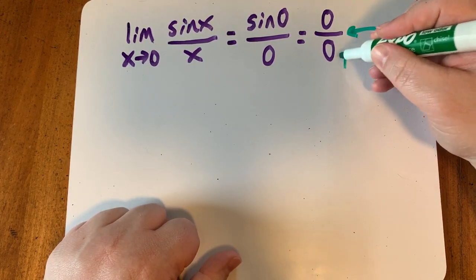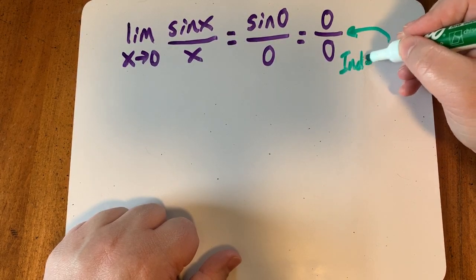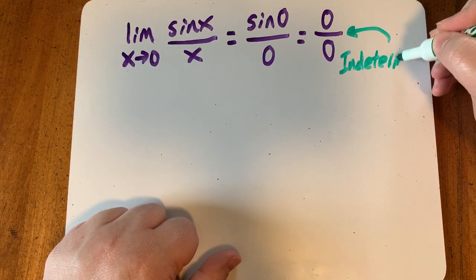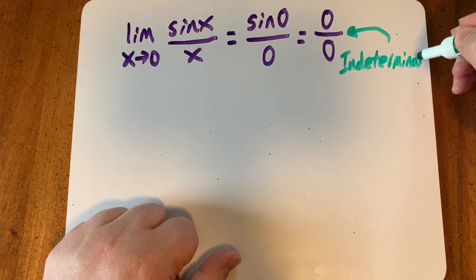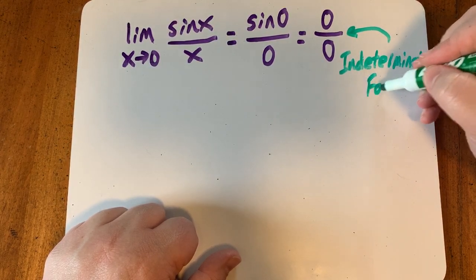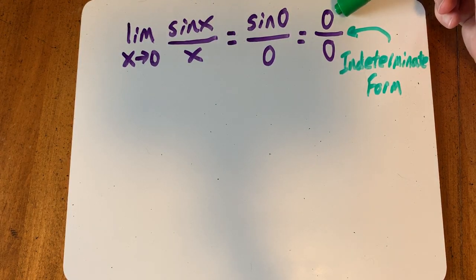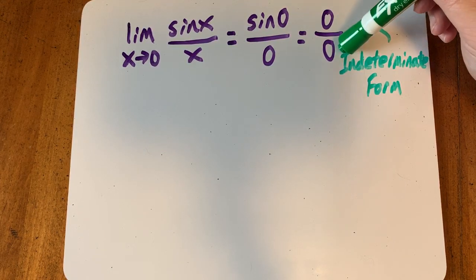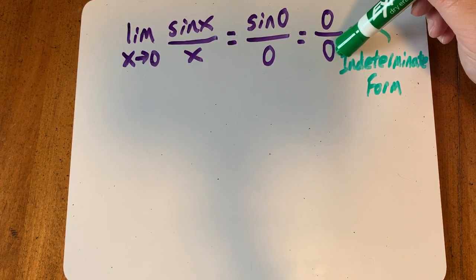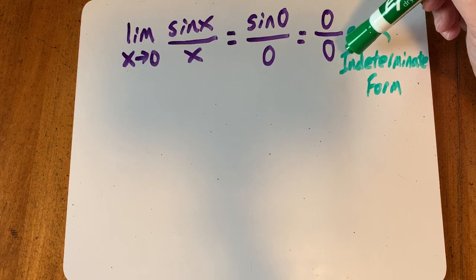This is what's called an indeterminate form. I don't think I left myself enough room. Ooh, barely. This is an indeterminate form. This relationship follows a bunch of rules, but it doesn't work for any of them. If you have 0 divided by anything, it should be 0. But you're dividing by 0, which you can't do. That's impossible. You can't divide by 0.